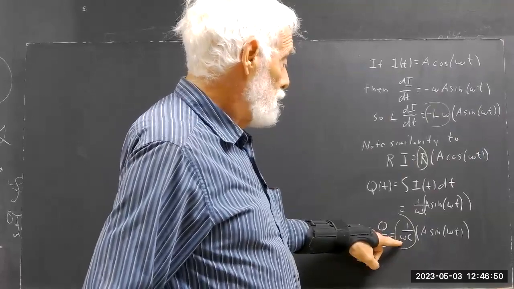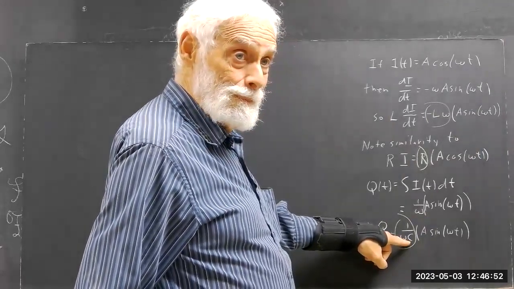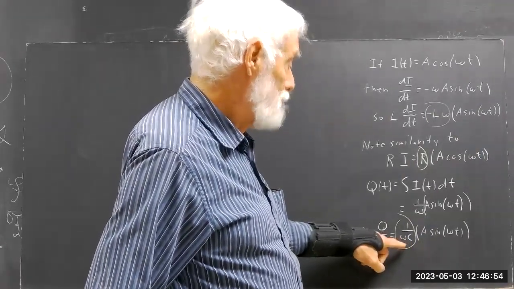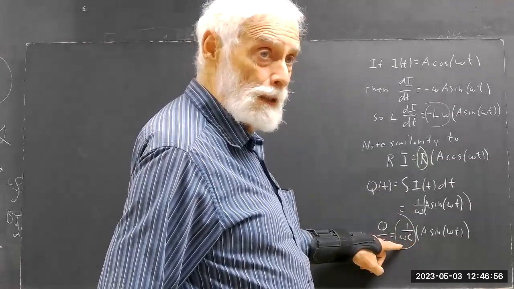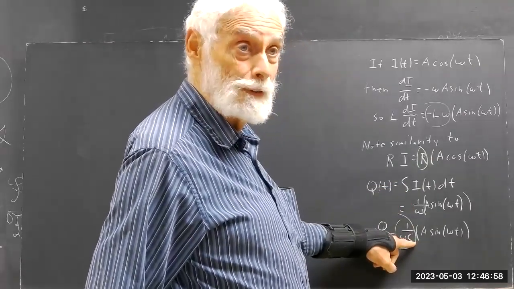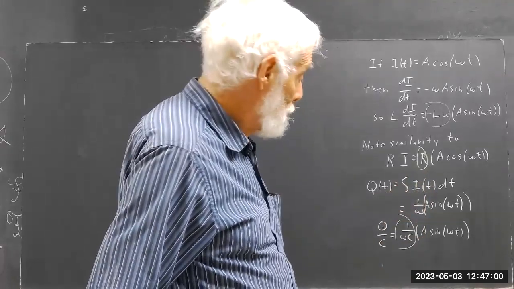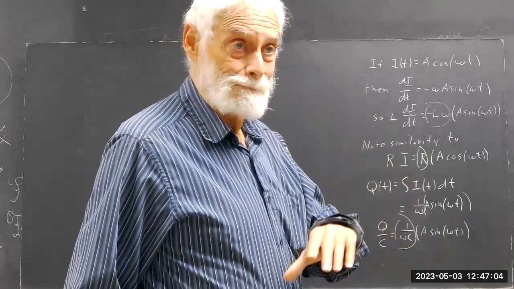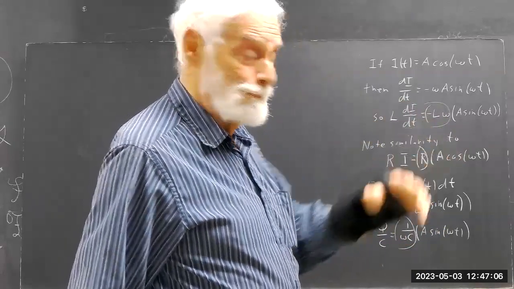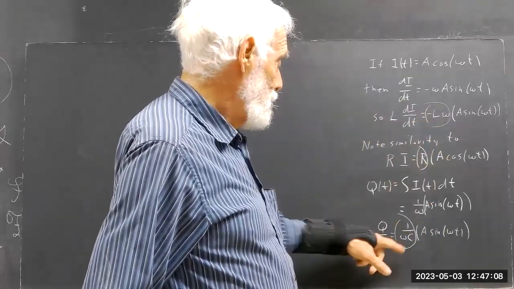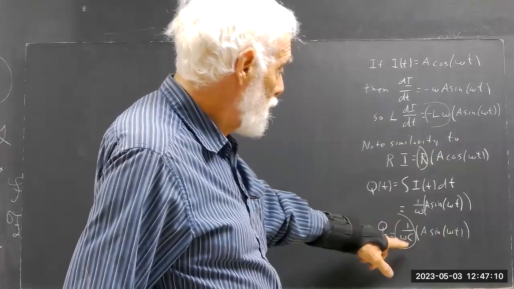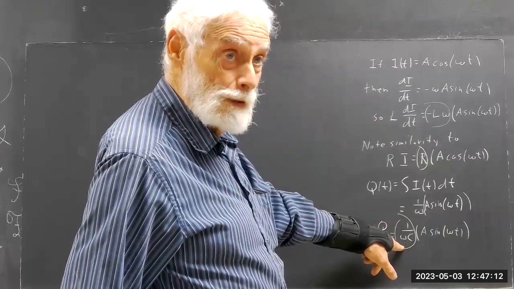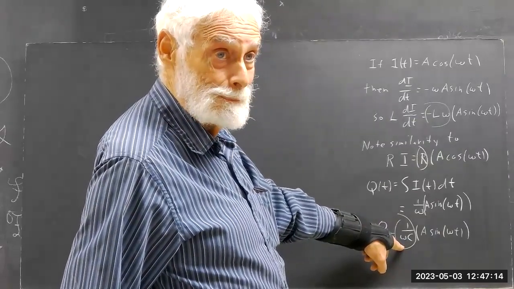So if we have a low frequency, a low value of omega C, a combination of low frequency and low capacitance, we're going to tend to block. We're going to get a lot of voltage drop across the capacitor.